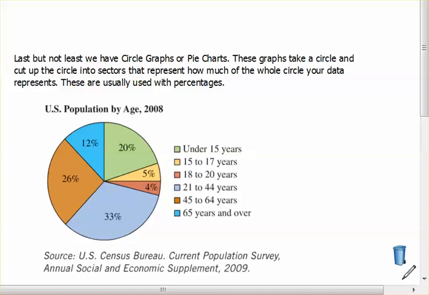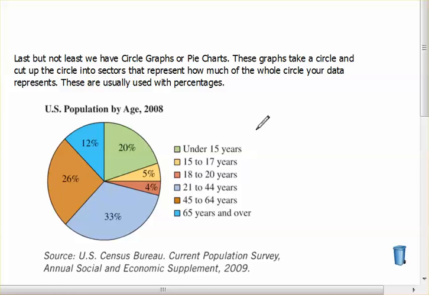So, for instance, this is depicting U.S. population by age in the year of 2008. So we can see that 33% of the population here was 21 to 44 years old. 26% of the population here was 45 to 64 years old. Each one of these colors represents a different age group.